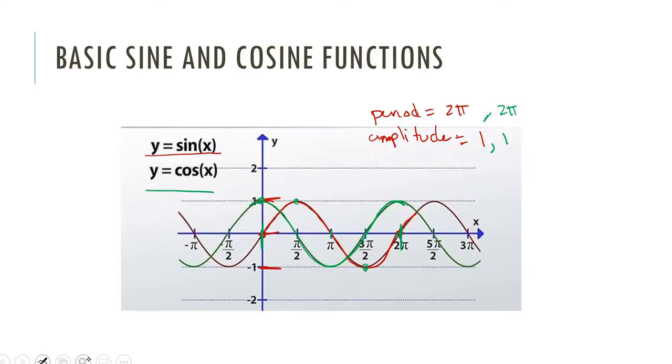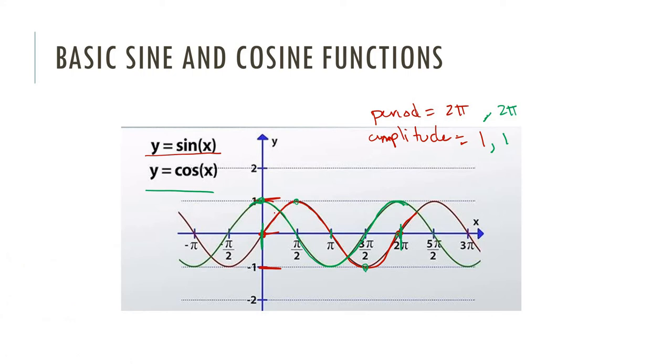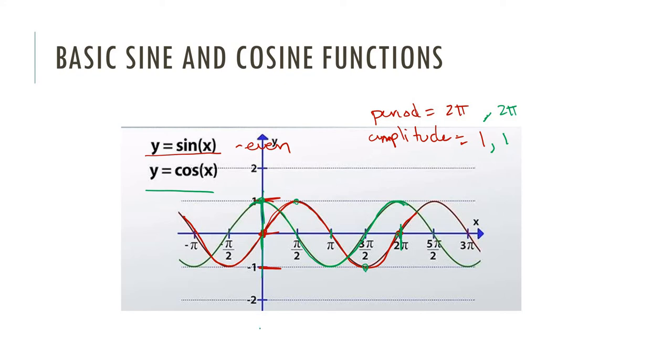One other thing that we should mention here, we've been talking a lot about even and odd functions. If you look at our sine function, does it reflect around the y-axis, around the origin, or neither? It looks to me like it reflects around the origin. Sine is an odd function. Cosine, on the other hand, is a reflection on the y-axis.